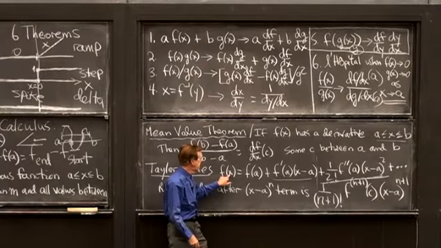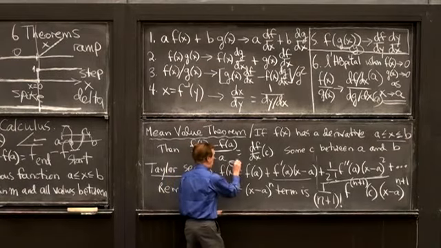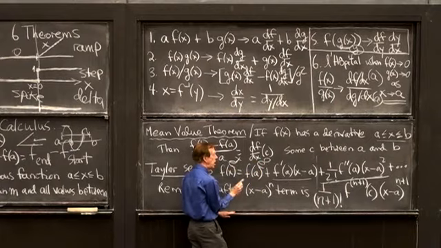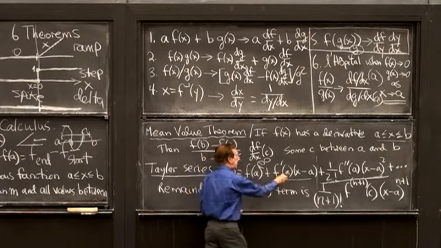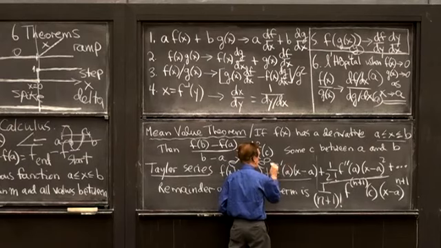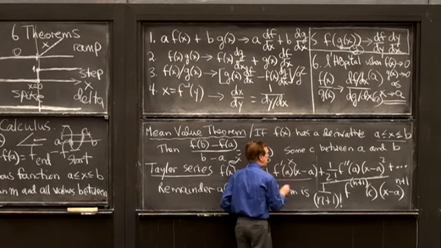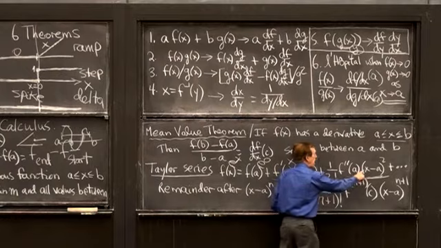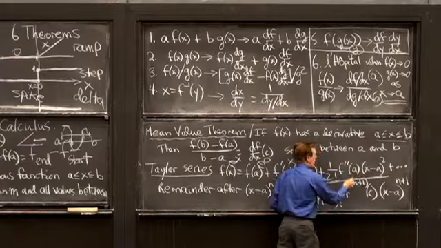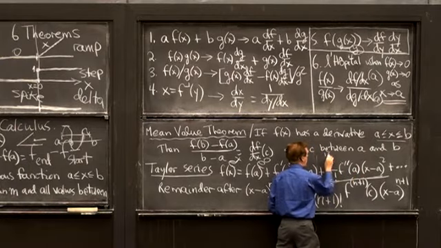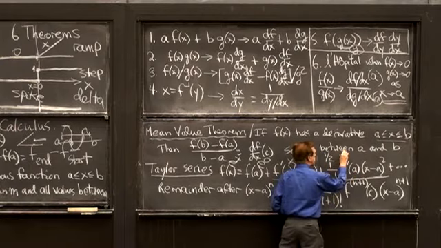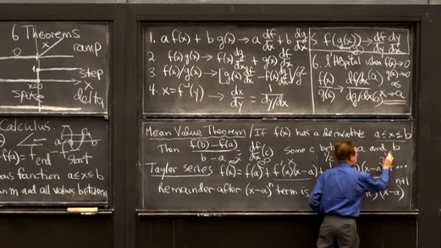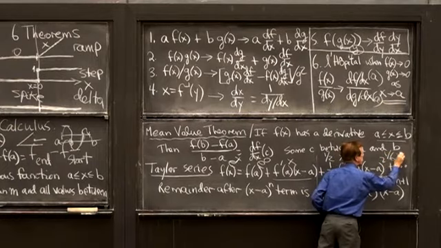So if this was e to the x, it would start out at e to the 0, which is 1. Its slope is 1. So this is 1 times x. Its second derivative is again 1. And a is 0 here, so this would be 1 over 2 factorial x squared. And then that next 3 dot term would be 1 over 3 factorial x cubed.